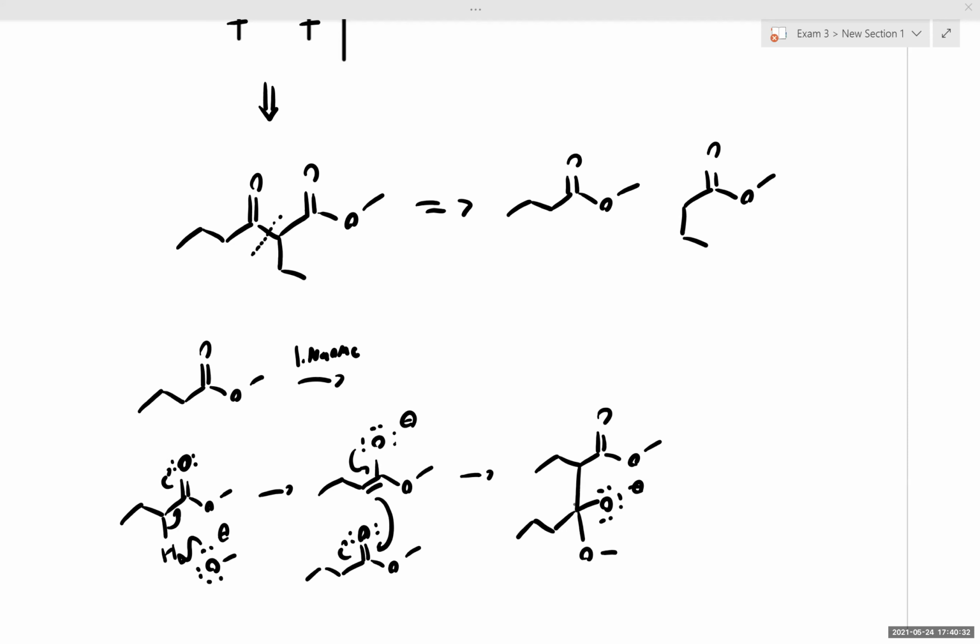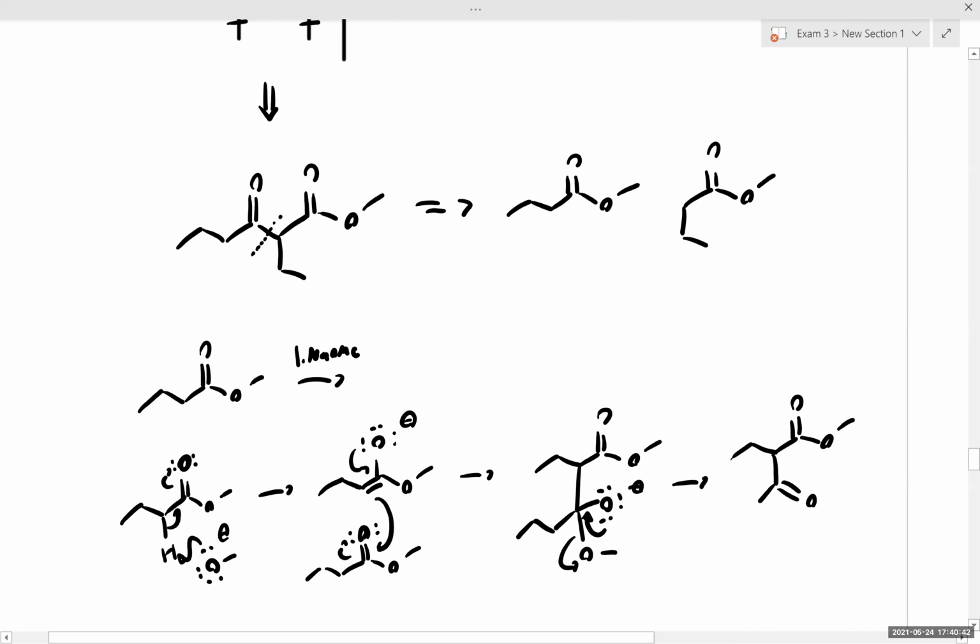Okay, from here, this tetrahedral intermediate will collapse and will kick out methoxide. Now this is really important because many of the synthetic routes that I saw did not account for this last, very important, very critical step.